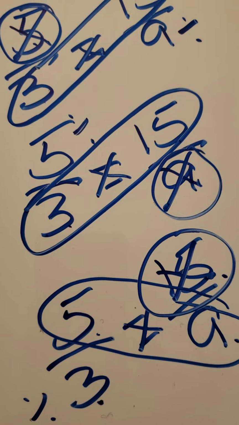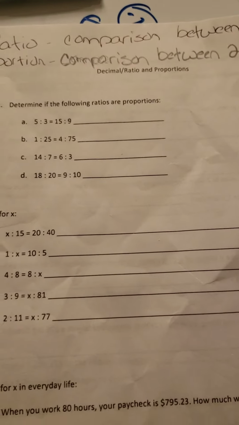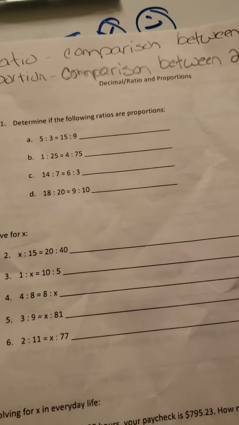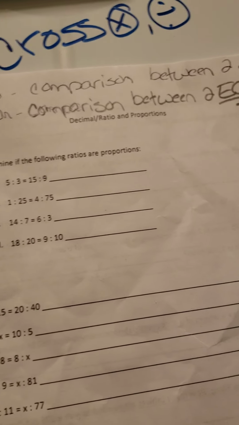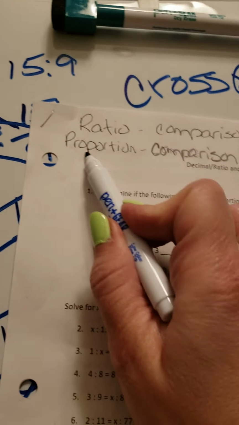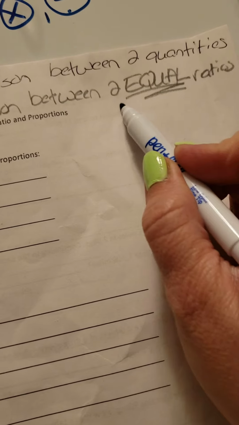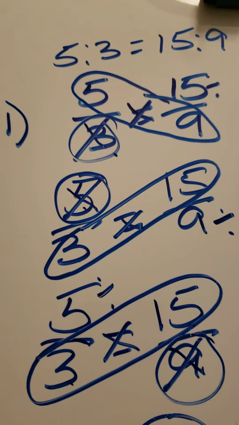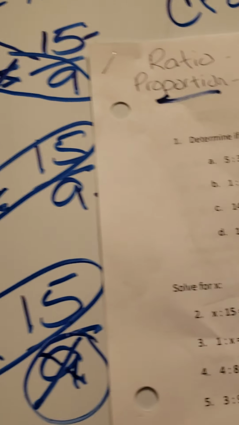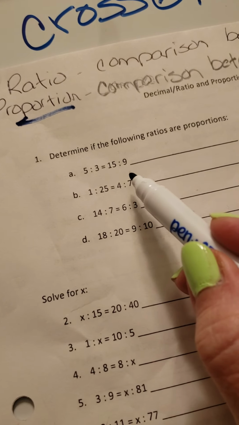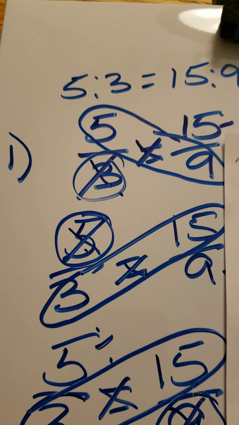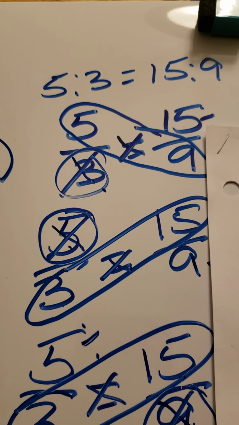Okay, so reviewing for the question, it says, determine if the following ratios are proportion. That magic word for proportions: equals. So basically all you have to do for number 1 is line them up like we just did over here and hide one of them.